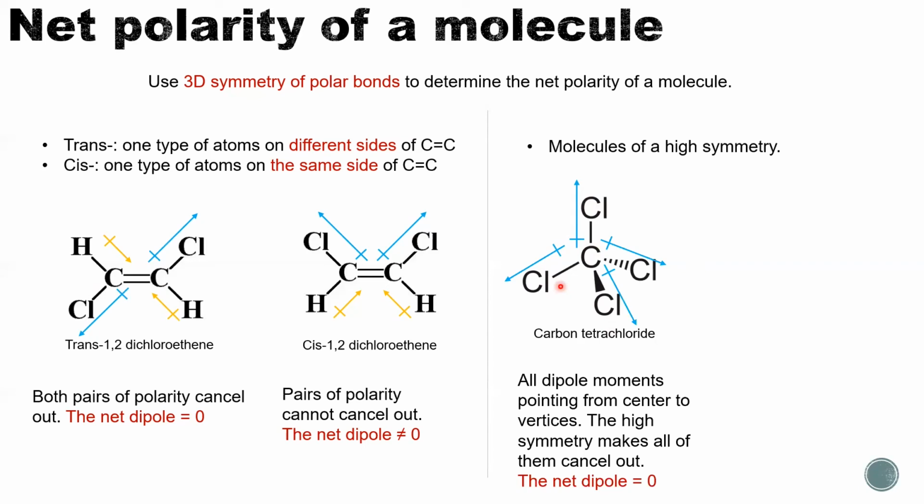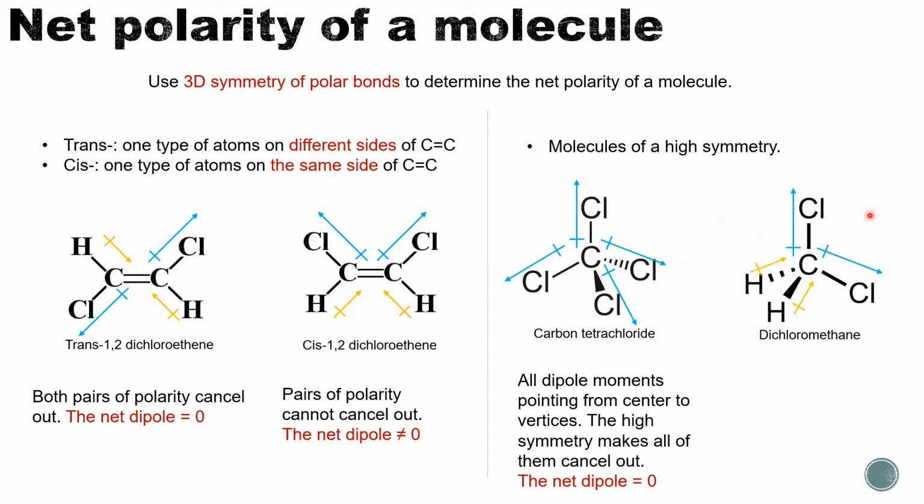However, if we replace two of these chlorines with hydrogen, now we have dichloromethane. We can also draw the polar arrow from carbon to chlorine. These two carbon-chlorine polar arrows will have a net effect pointing toward the top right corner.